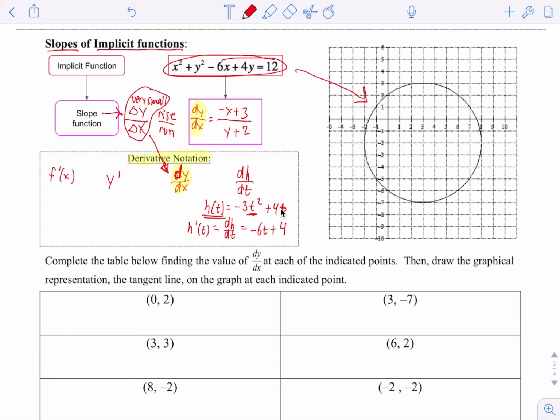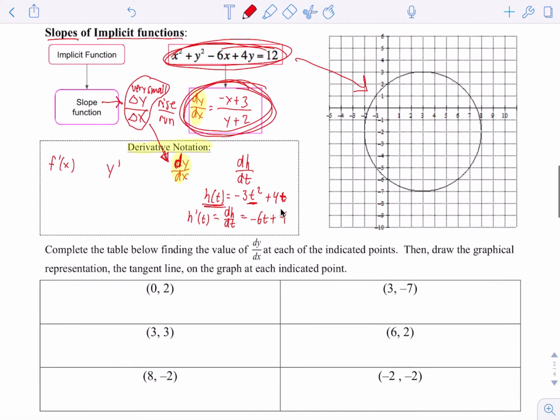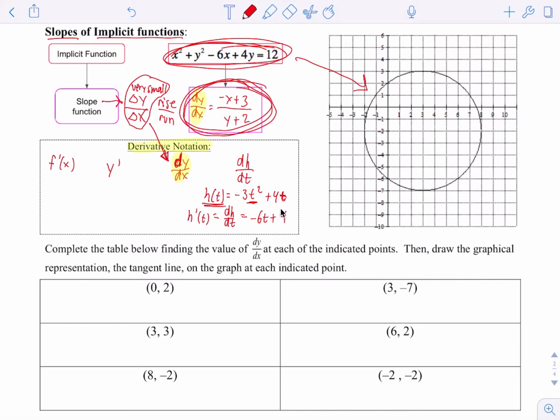Okay, so going back here, I just gave you the slope of this implicit function. Later in this unit, we're going to learn how to actually figure that out ourselves. But in the meantime, let's just work with that. So that's the slope equation.